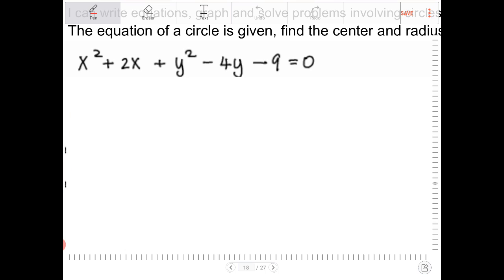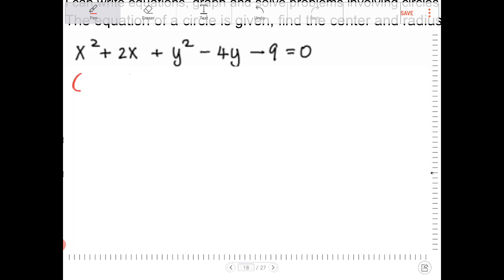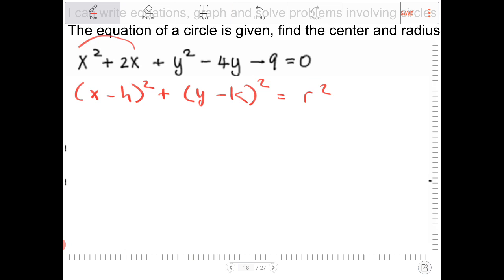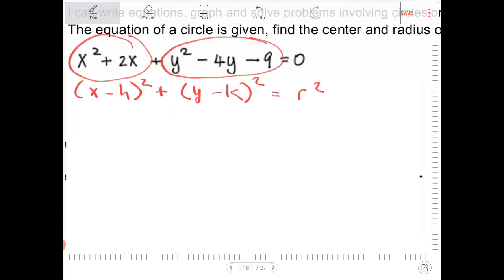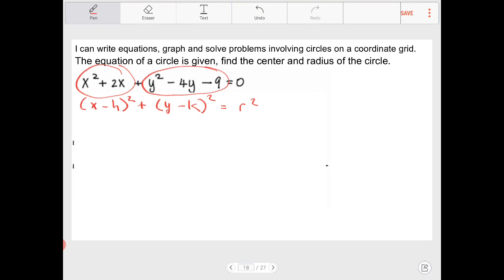In order to accomplish this, we need to rewrite this equation into an equation that looks like this. In other words, we'll have to complete the square, a technique that was introduced in part 1 of this lesson.